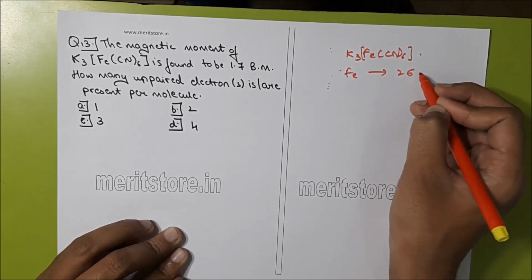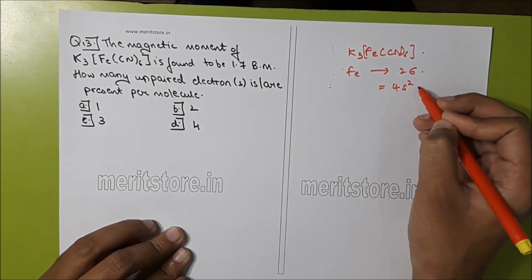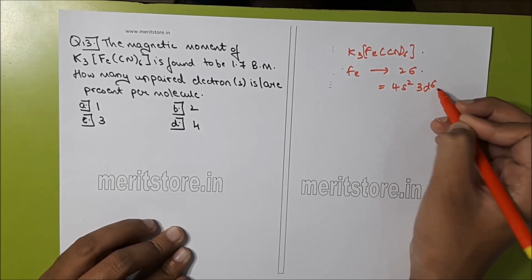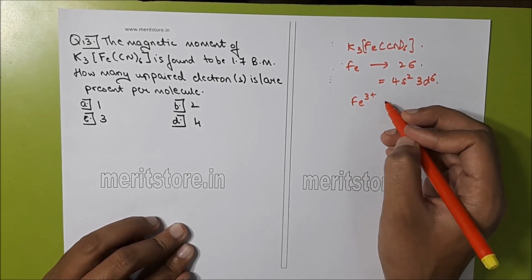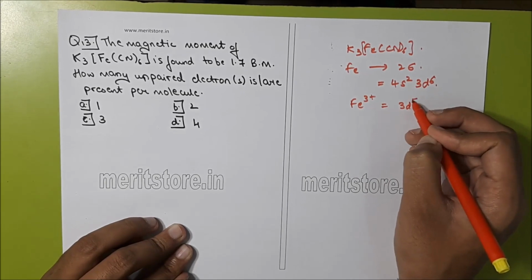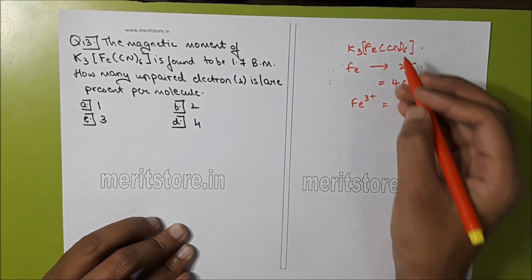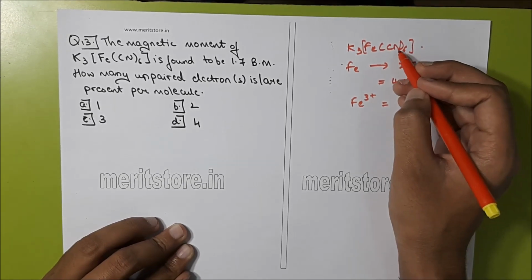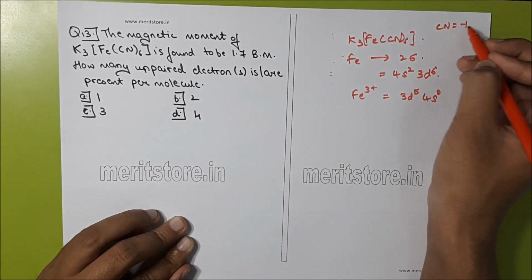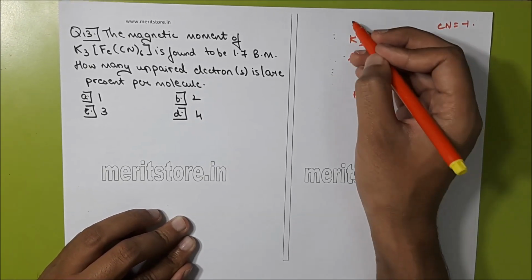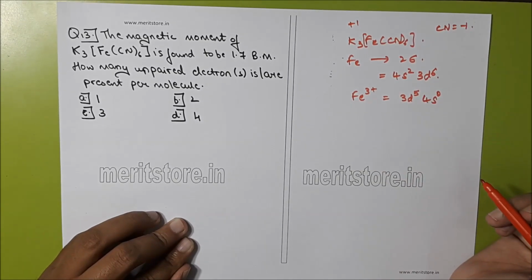Iron has atomic number 26, so the outer orbital filling in iron is 4s2 3d6. The common oxidation state is +3 for iron, so we get 3d5 and 4s0. We can find the oxidation state by putting the value of CN as -1 and potassium as +1. We get the oxidation state as +3 for iron.